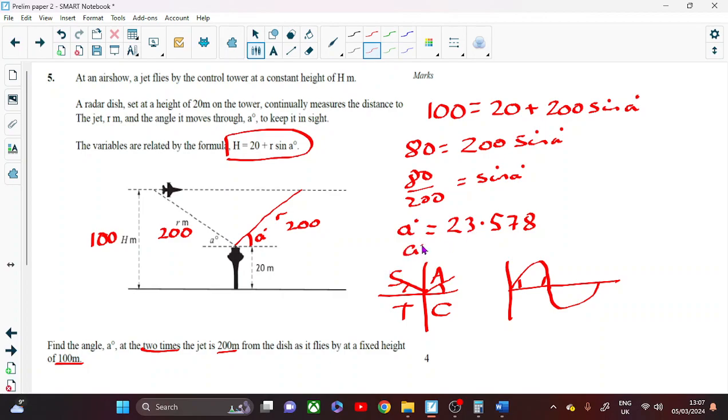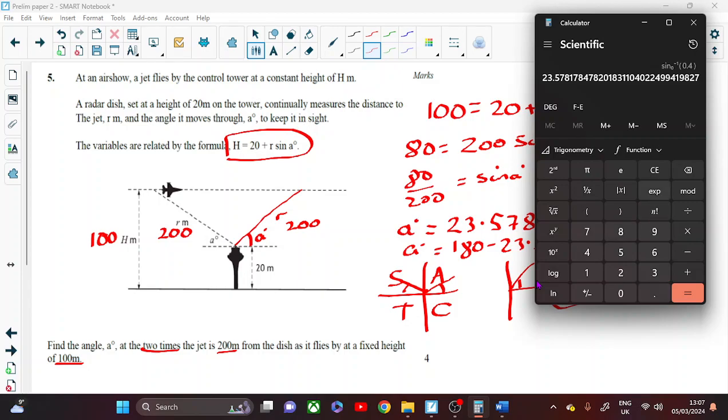So A is also at 180 minus our 23.578, which is 180... oh, missed it. 180 minus 23.578, 156.422.